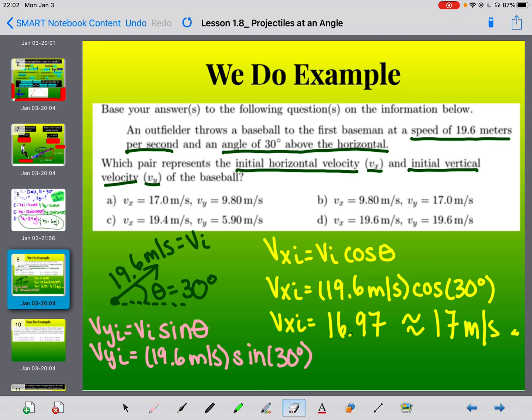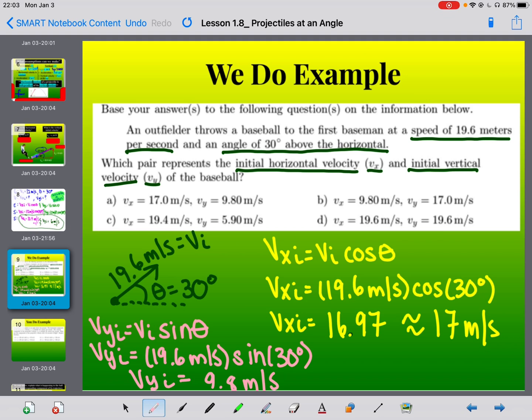Let me erase these dots because they look a little confusing. You should get Vyi equals 9.8 meters per second.